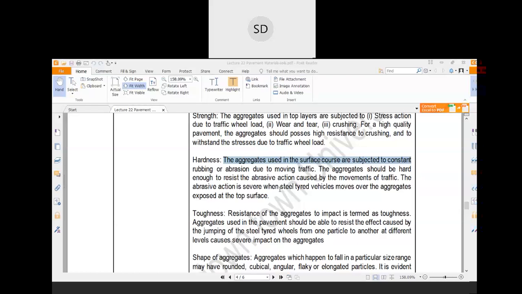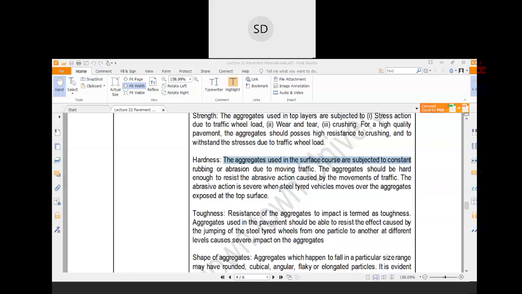When it starts rotating, there is friction between the aggregates, and between the aggregates and the steel balls. In this way, some wear and tear occurs.